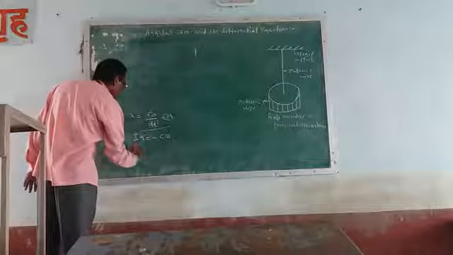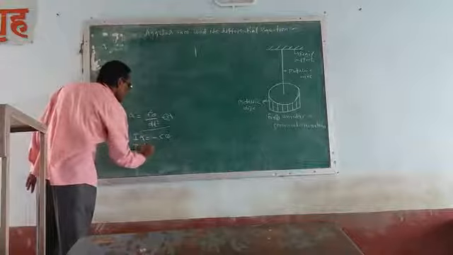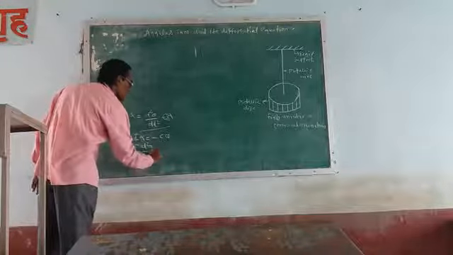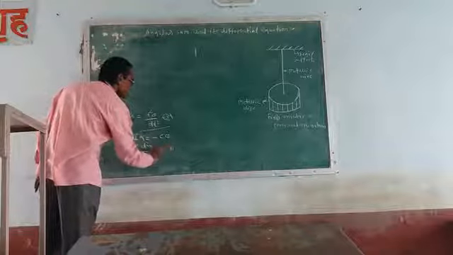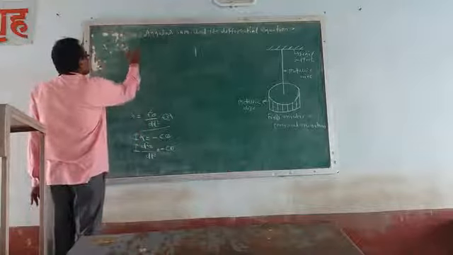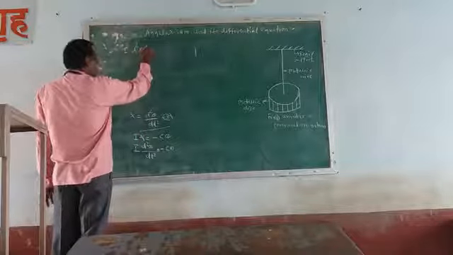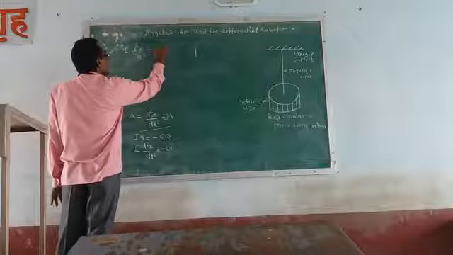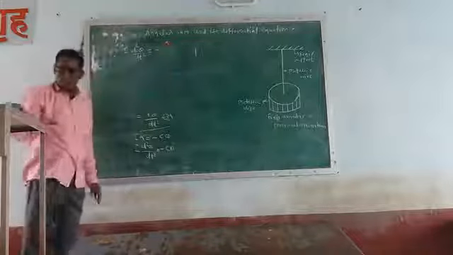I into d square theta divided by dt square is equal to minus c into theta.